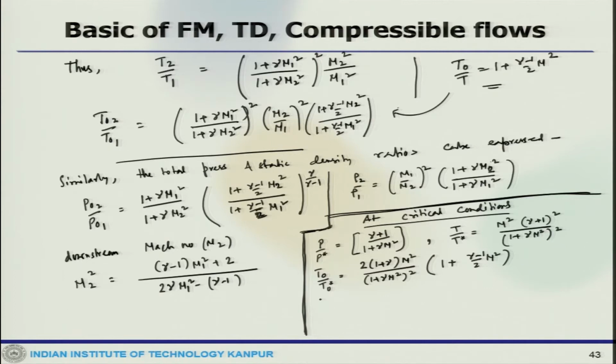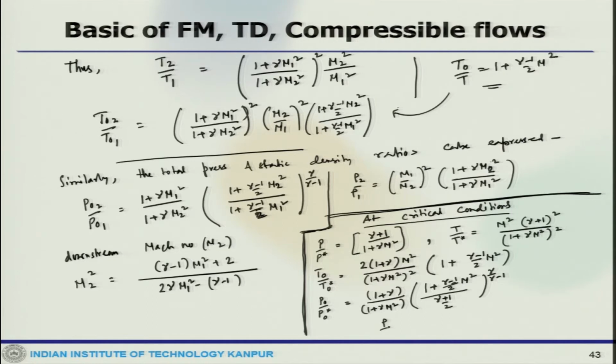And similarly, P naught by P naught star can be written as 1 plus gamma by 1 plus gamma m square into 1 plus gamma minus 1 by 2 m square by gamma plus 1 by 2, all raised to gamma by gamma minus 1.